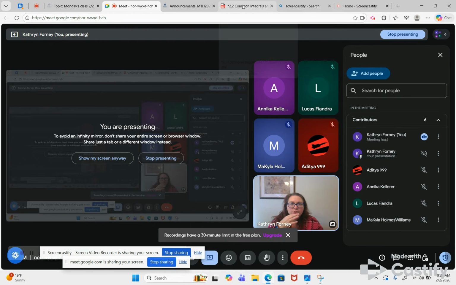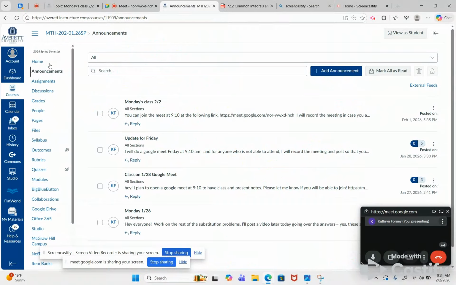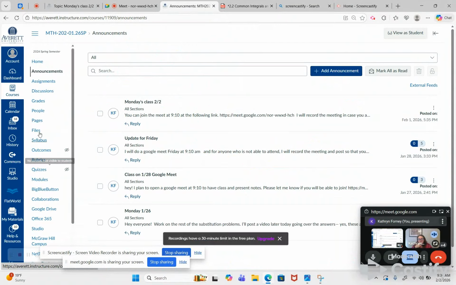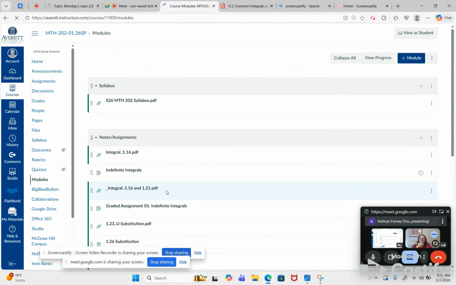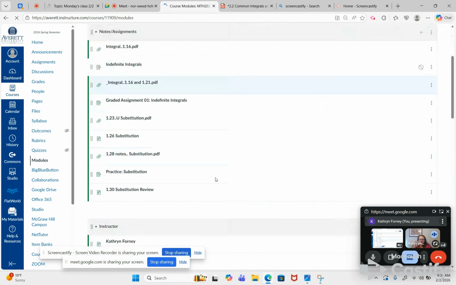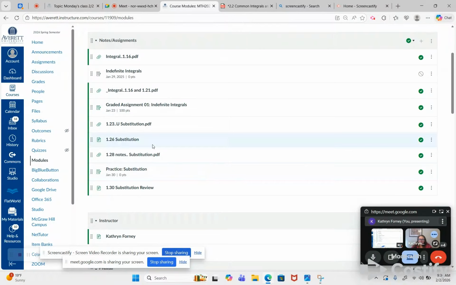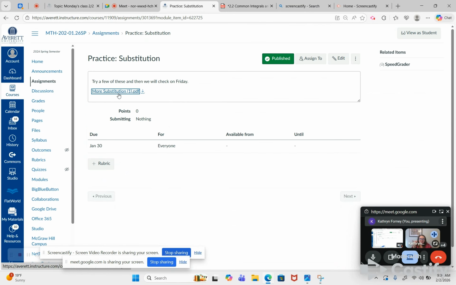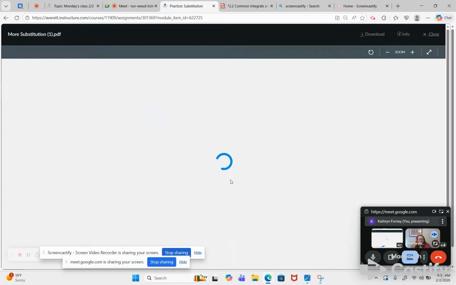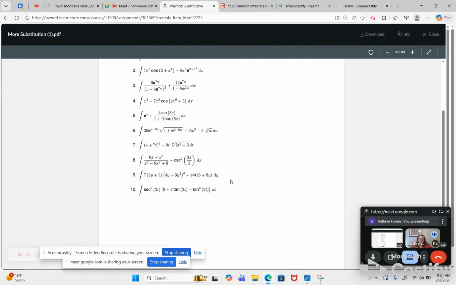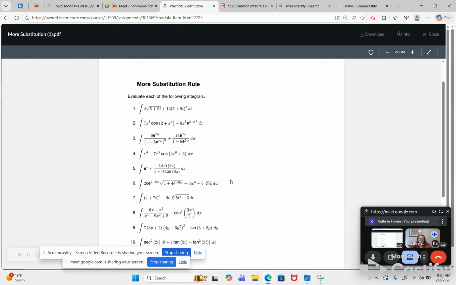I could probably try to pull it up to show you what I'm talking about. That would be a good idea. So in Canvas, more substitution. It was probably this practice substitution. So yeah, more substitution. We never went over these, but this is what I want to look at now.